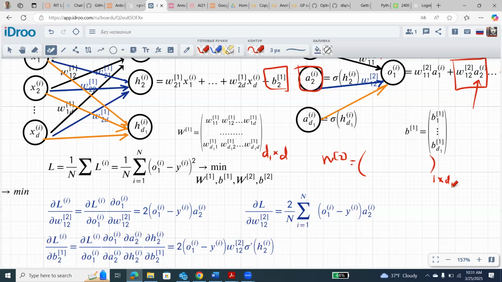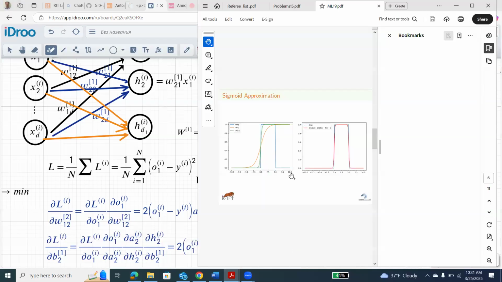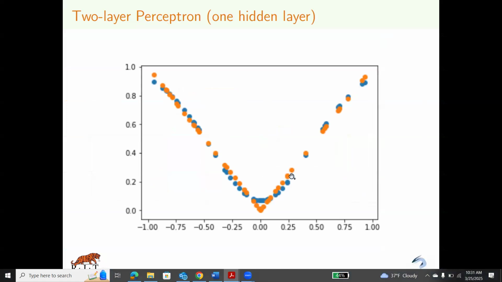Okay, what's next? So for example, for d1, for hidden dimension.